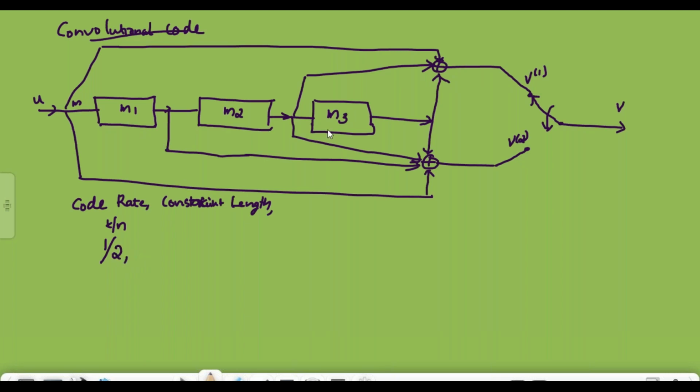The constraint length here is 4, k or capital L equal to 4. This is one method of representing its dimension: code rate 1 by 2 and constraint length 4.